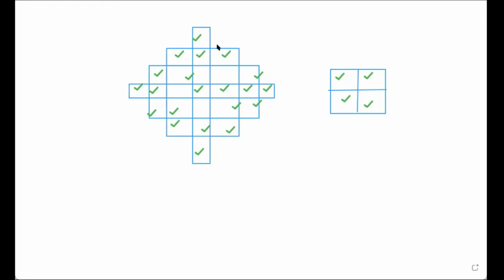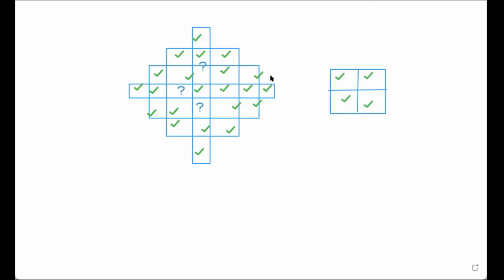Let's fill in the places that don't have check marks with a question mark. 1, 2, 3, and 4. These 4 parts, and then we look around. Are there any 2 by 2 squares? Yes, there are. There is one here. So we could try removing one more, or we could do something else. We remove this question mark, replace it with a check mark here.